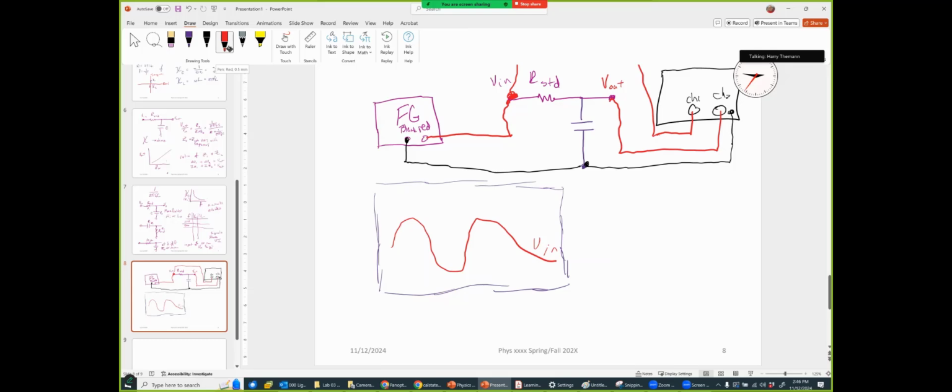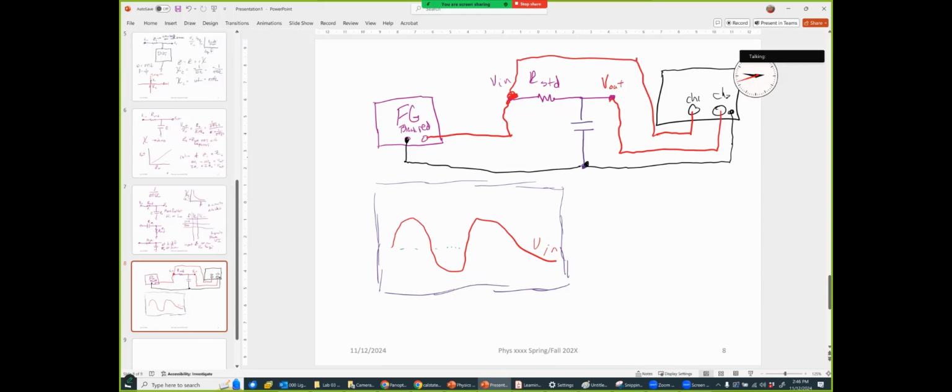You're going to notice something that you might find a little odd, that the V out is not going to lay right on top. And we call this a phase shift.